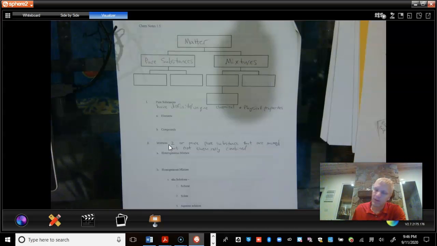All right. So pure substances have unique chemical and physical properties. A mixture is 2 or more pure substances mixed, put together, but not chemically combined.